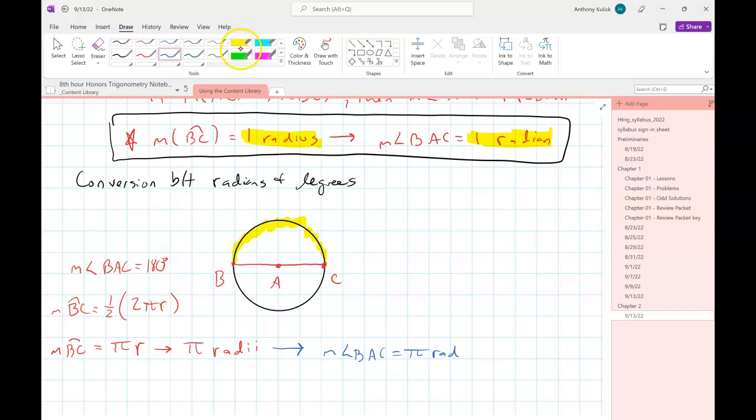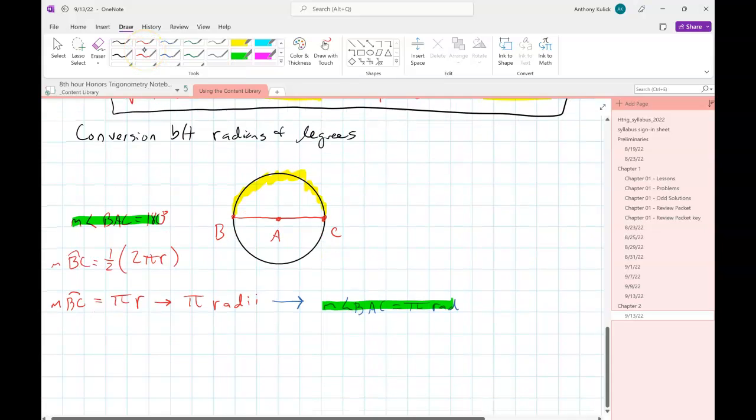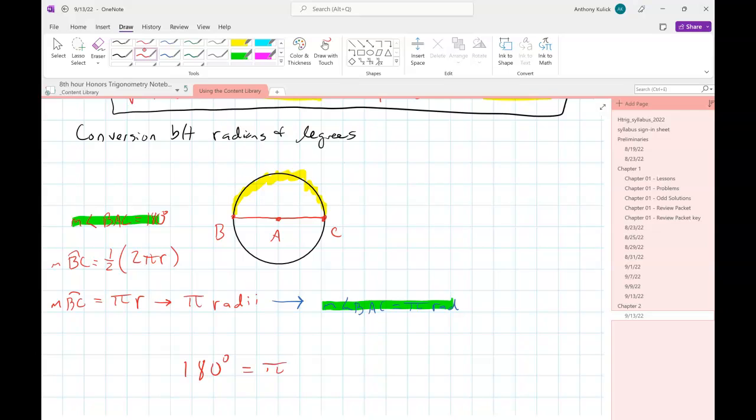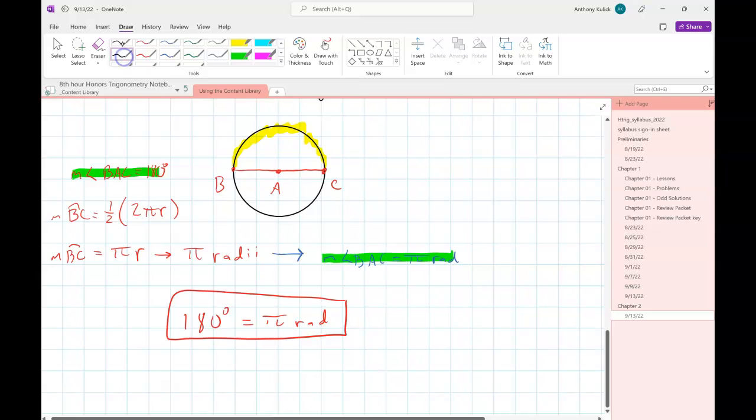So I found here now that angle BAC is 180 degrees, and it's also pi radians. That is what I needed. So I know now that 180 degrees is pi radians. That's going to be my conversion factor that I can use. That's what I was looking for.